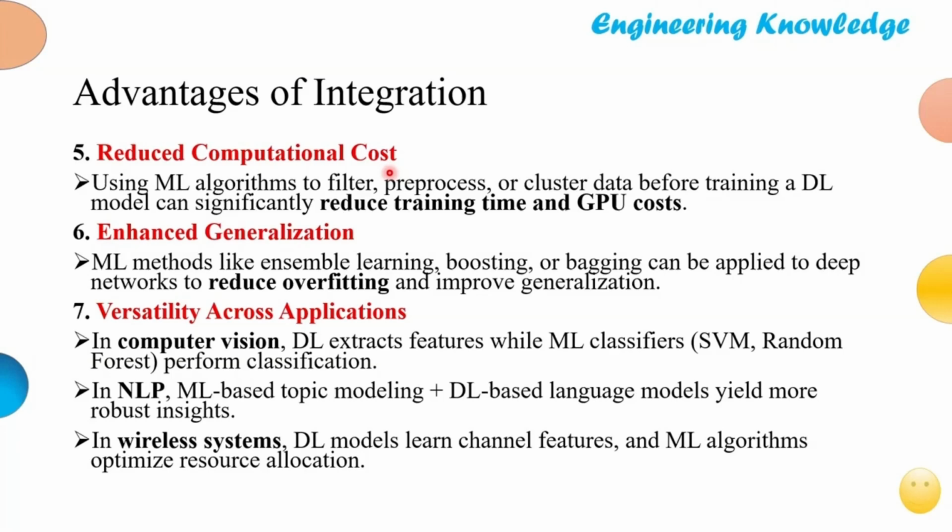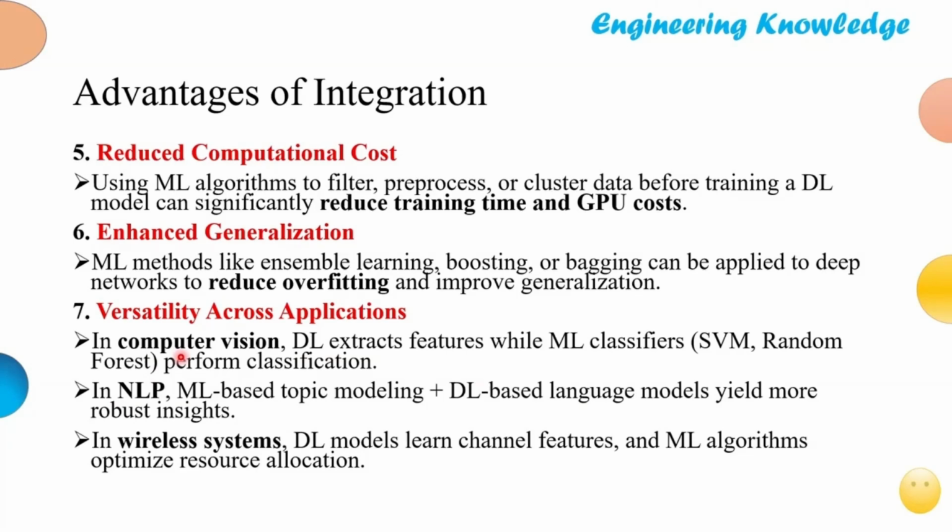In other words, if I fix the epochs, in the same number of epochs we will have a smaller mean square error when I use both ML and DL, compared to using only a deep learning architecture. There are also enhanced generalization capabilities, a reduction in overfitting, and versatility across applications for computer vision, natural language processing, and wireless systems. So there are various advantages of integrating machine learning models into deep learning models.